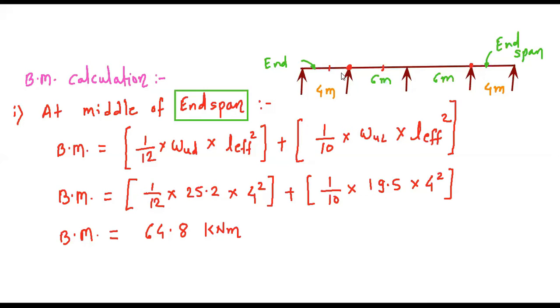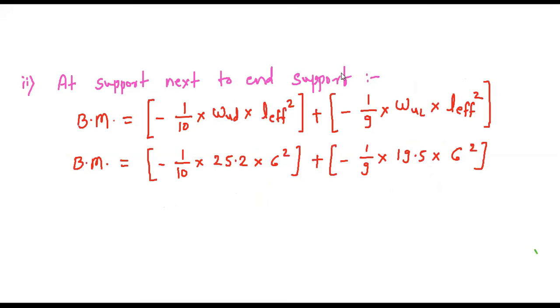Others, please check the answer. For the end span you know the specific span, but this point is common: if I say this is span number 1 and this is span number 2, then it is a common point. So we are going with the maximum span. The answer is minus 168.72, that is the correct answer.